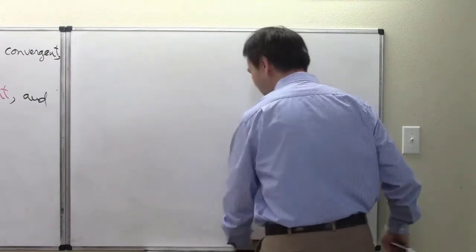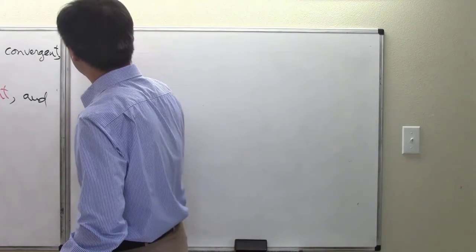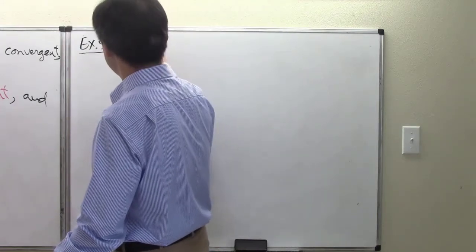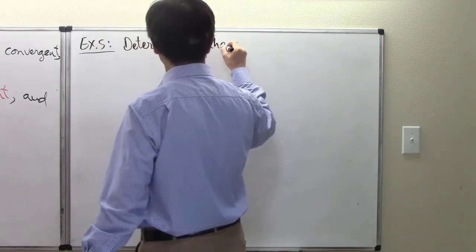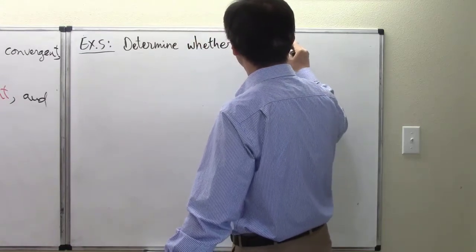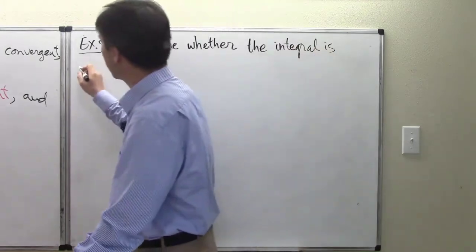All right, so now I'm going to call that example 5. And in example 5, just like any of the earlier examples, I want to determine whether the integral is convergent or divergent.